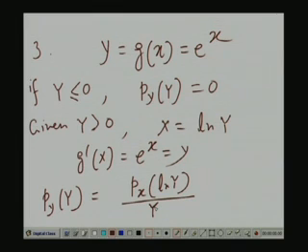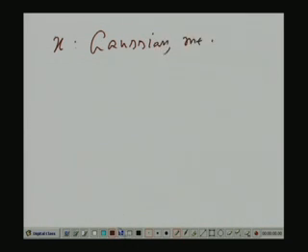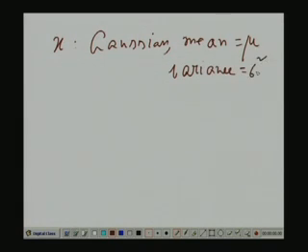Okay. As for example, suppose x is given to be Gaussian, of mean mu, that is, say x is given to be normal or equivalently Gaussian, both the terms are used, with mean mu and variance sigma square. This we have already covered in the class, this particular form.